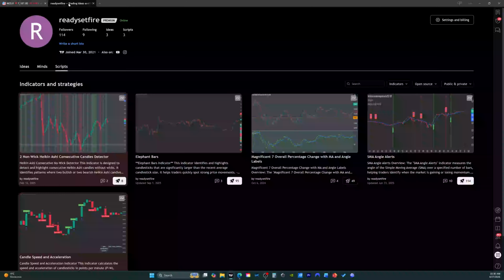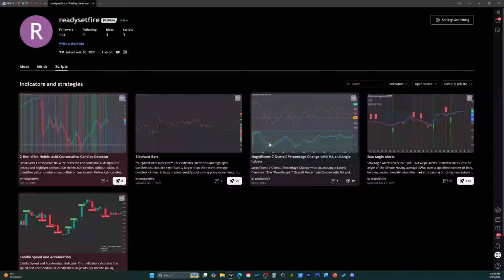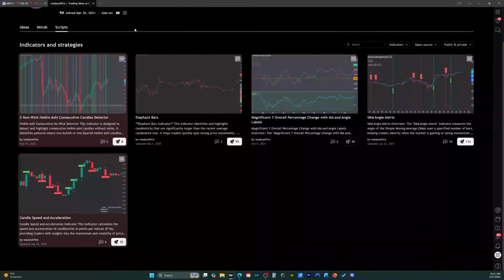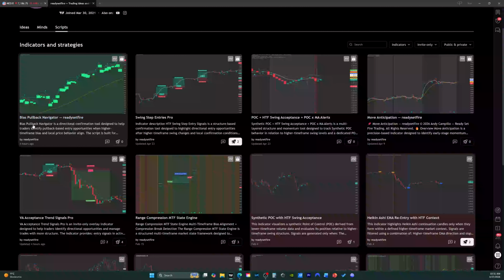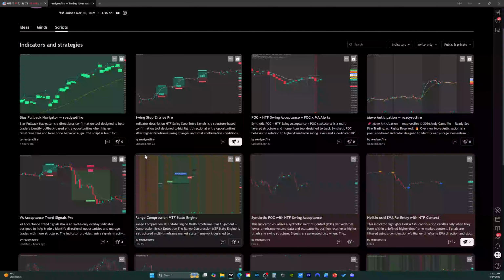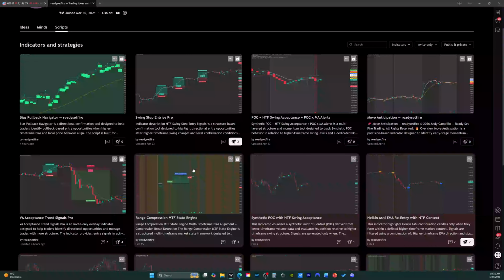Scripts. Okay, indicators, invite only, this one. It's called Bias Pullback Navigator. You look for this one, but you have to request access because it is invite only, which is going to be the topic of my next video, because I'm having problems with TradingView.